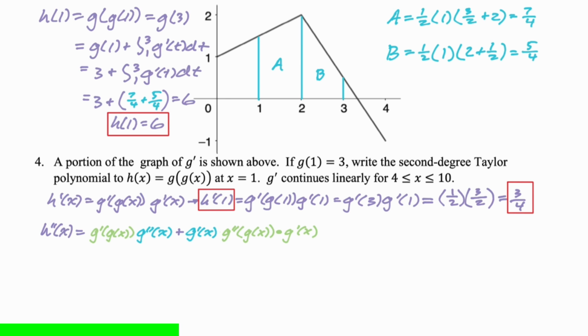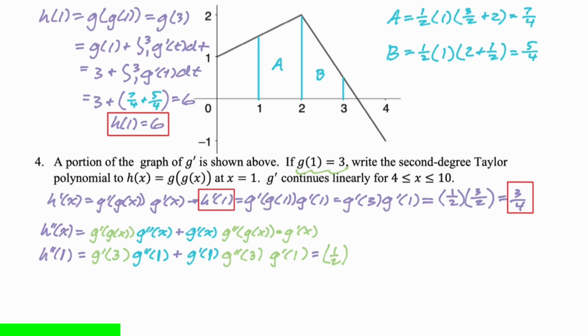Okay, now we just need to find h double prime of 1. And so that's going to be g prime of g of 1, which is 3, so g prime of 3, g double prime of 1, g prime of 1, plus g double prime of g of 1, which is g double prime of 3, and then g prime of 1. All right, so as long as we can fill in these values correctly, we should be good. So g prime of 3 is going to be 1/2.